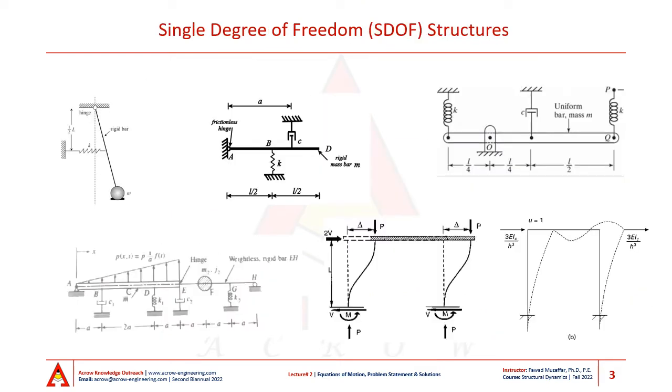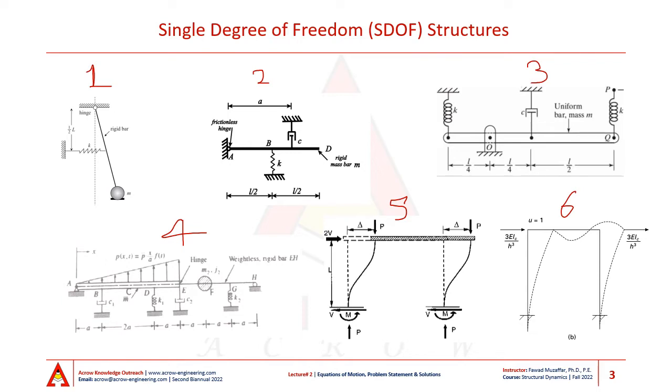Next, let's look at a number of idealized systems that can be categorized as single degree of freedom systems. For ready reference, let's label all of these figures, and let's start by looking at the pendulum that is shown in figure 1.